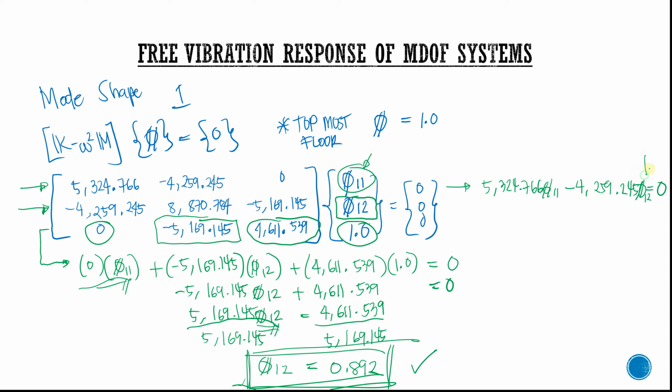We already have our P12, so we will be able to solve the mode shape 1 for the first floor. And that is equal to 0.714. So now we have our mode shape 1.